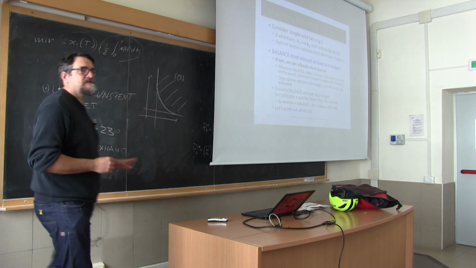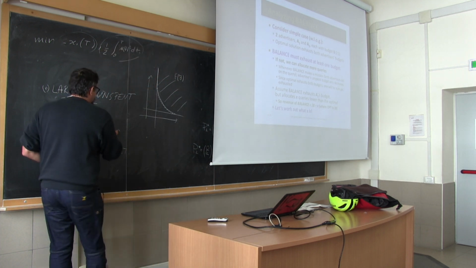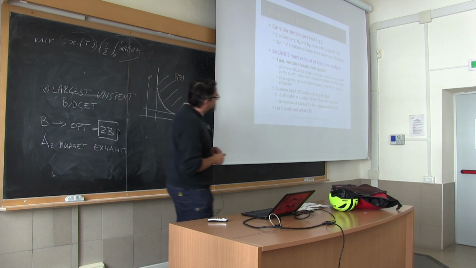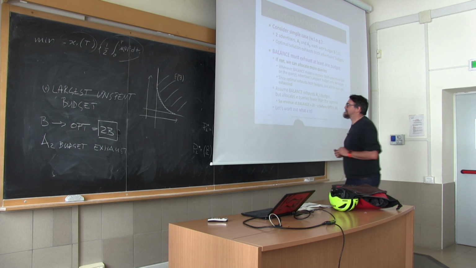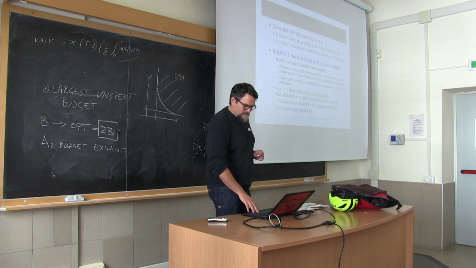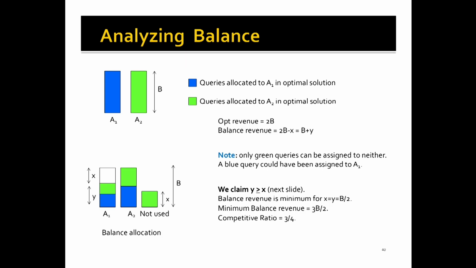Okay, so we are now in the situation in which we know that the optimum is to B. We know that one of the budgets has been exhausted, and let's see what we can say. Let's analyze the algorithm with this picture.